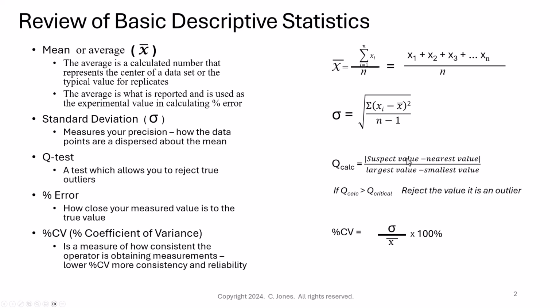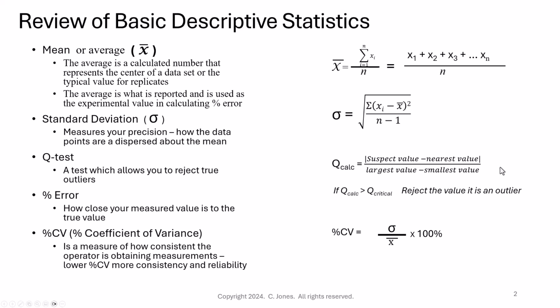So the suspect value is the value you think is the outlier, and the nearest value is the data point that numerically is the closest to the suspect value. And then this is divided by the largest value minus the smallest value, and one of these, either the largest value or the smallest value, will be the same as the suspect value.